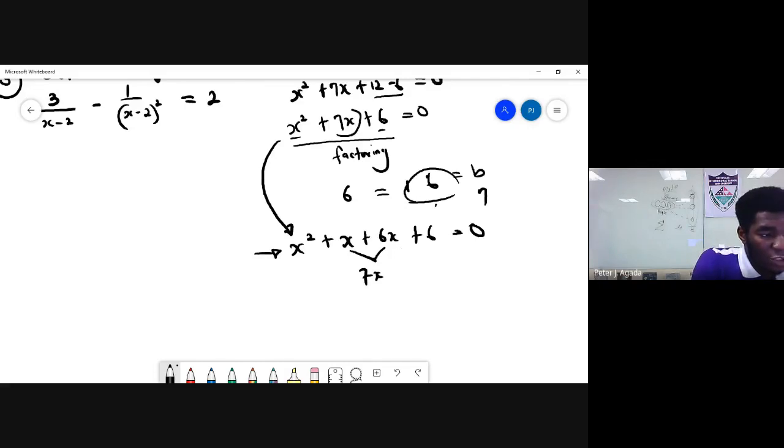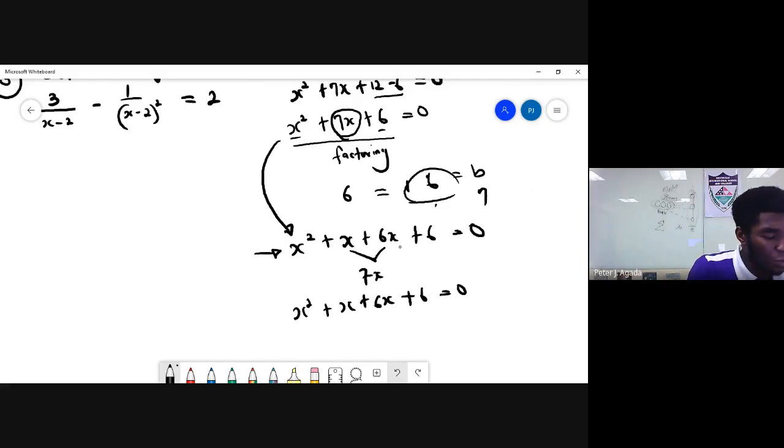That means I have not changed anything in solving my quadratic equation. So you can go further by saying x squared plus x plus 6x plus 6 is equal to 0. So let's factor this quadratic equation and see what our values would be.